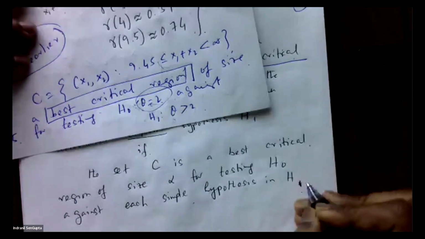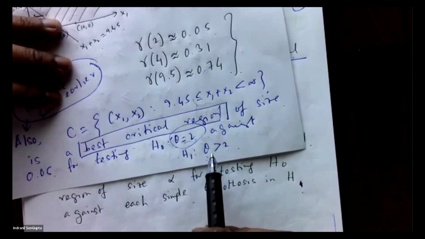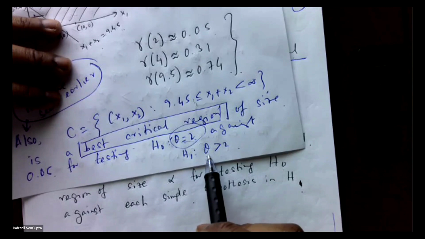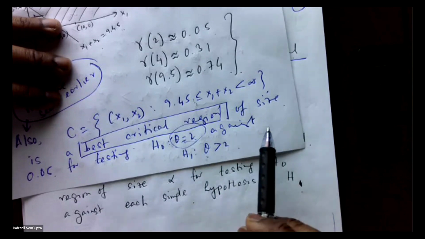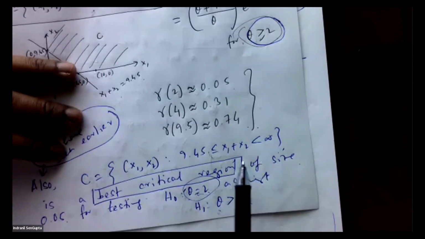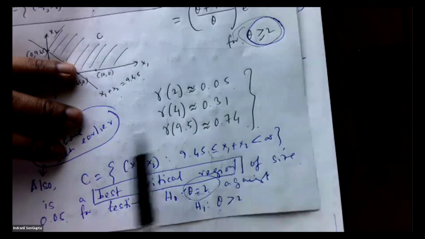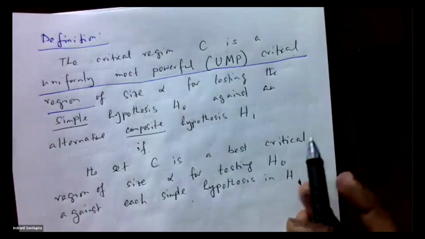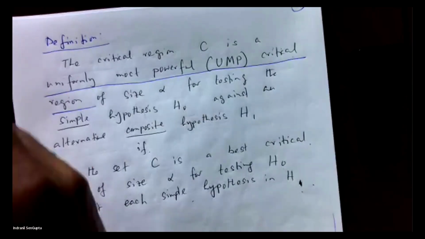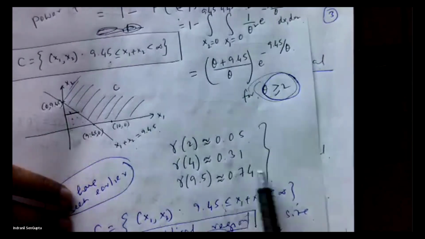For example, in the last example, take any value of theta more than 2: theta equals 3, theta equals 4, theta equals 2.5. Whatever you take, this is your critical region for this test. That is why it's called the uniformly most powerful critical region. That's why I did this example first, and then this is a follow-up. So the last example, what we found is the uniformly most powerful critical region.